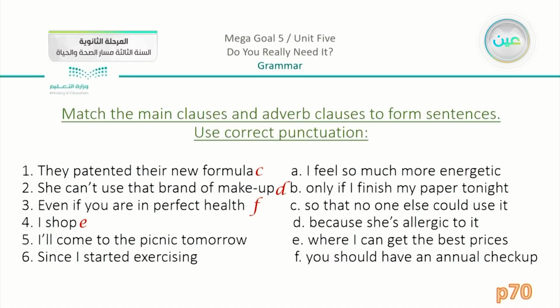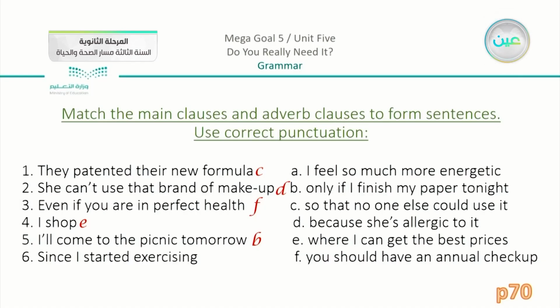After that, we have here in 5, I'll come to the picnic tomorrow. So you can see that also there is something about planning a picnic and doing something tomorrow, and we do have the pronoun I. So we're going to match it with B, because if I finish my paper tonight. So why is it B?